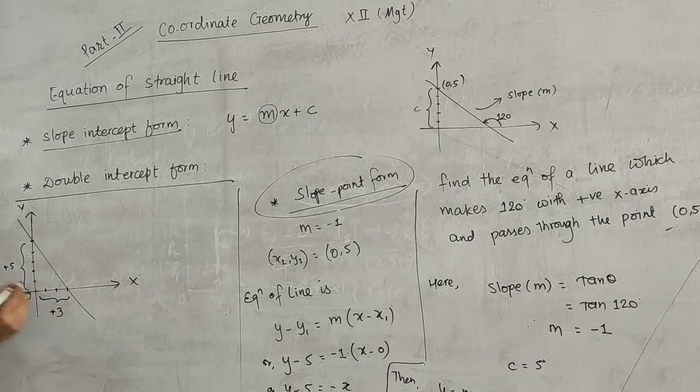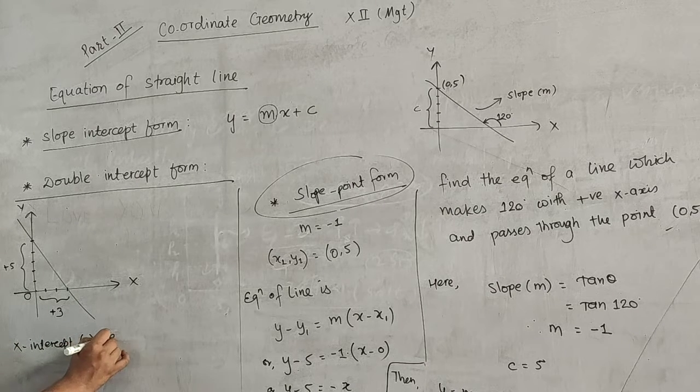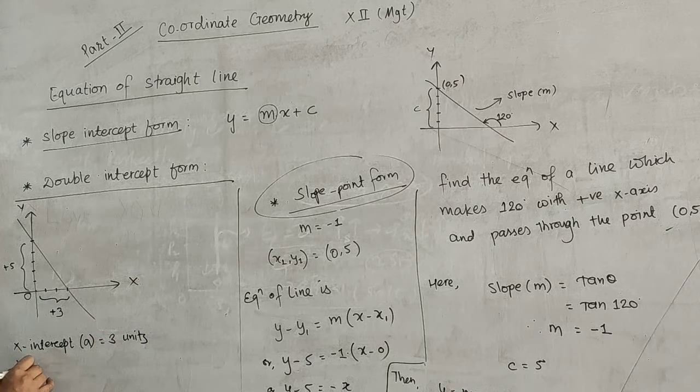It is the origin. Here we write x-intercept A, we write 3 units, and y-intercept B, 5 units.